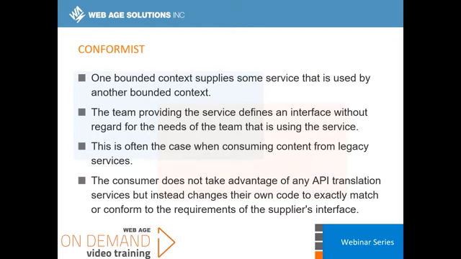Whatever, get what you need from me using whatever it is that I provide, and if you don't like it, tough. Right. Well, now that would be an unfortunate kind of response from a development team within the same organization, and so that would probably not happen.